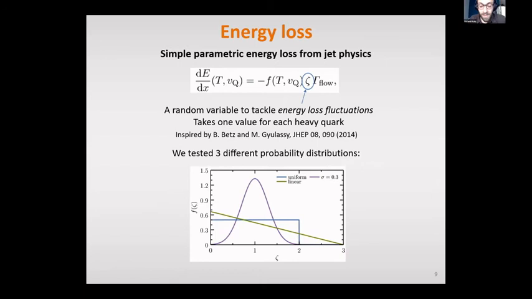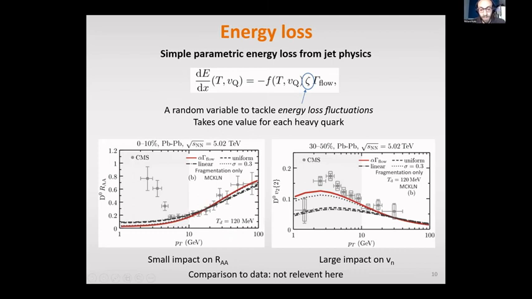Okay, so the last term of this parametrization tries to tackle the energy loss fluctuations. The idea is that it is a random variable that takes only one value for each EV quark, and this random variable is given by, we tested 3 different probability distributions: one is uniform, one is Gaussian, and one is linear.